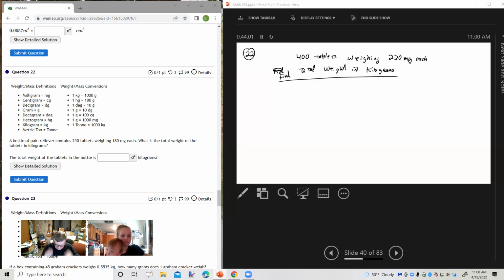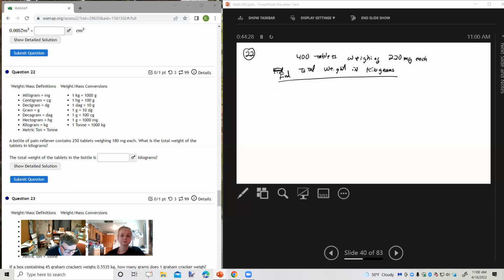All right, so there's 2 things I need to do. I need to multiply and convert. And I could do it in either order. I could take 400 times 220 milligrams and get a certain number of milligrams and then convert those into kilograms. Or I could take the weight of one tablet, which is 220 milligrams, convert it into kilograms, and then multiply by the 400 tablets. I'm going to do the first one.